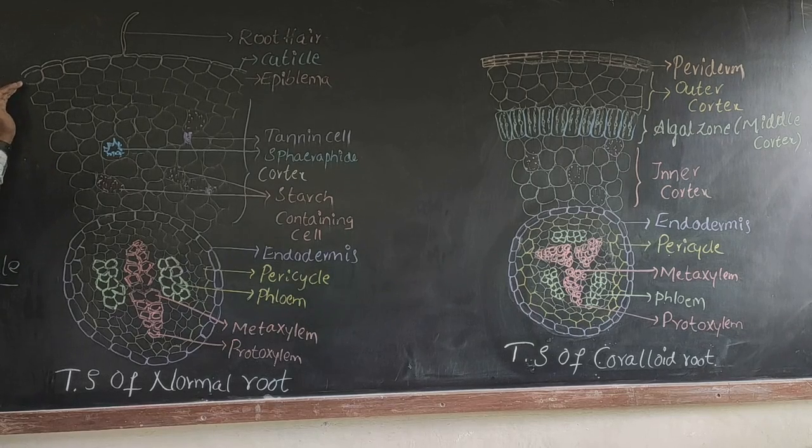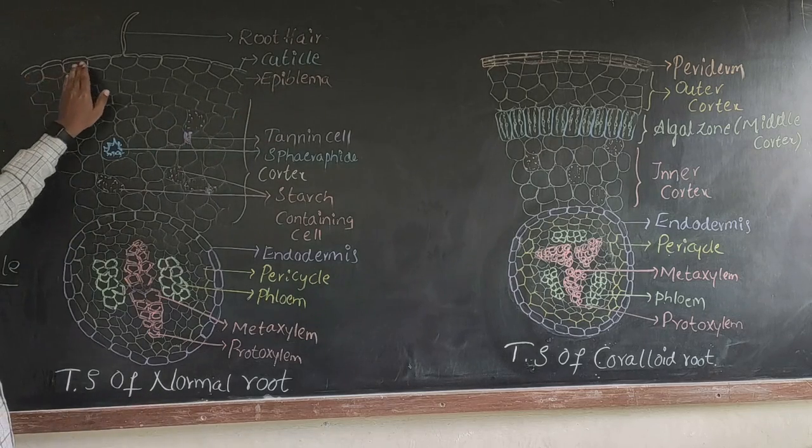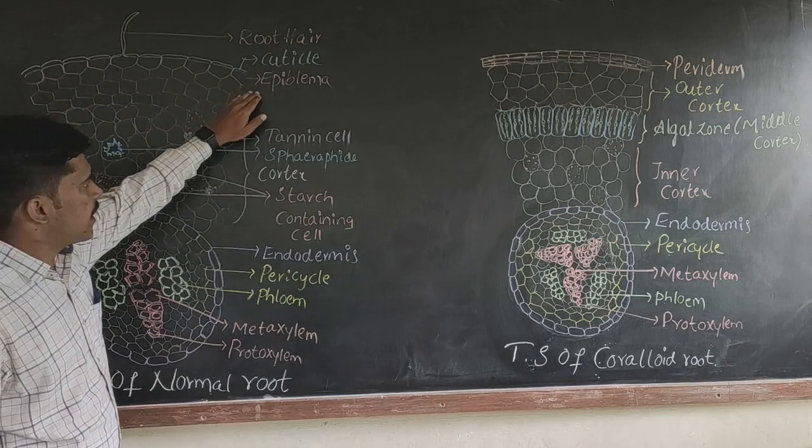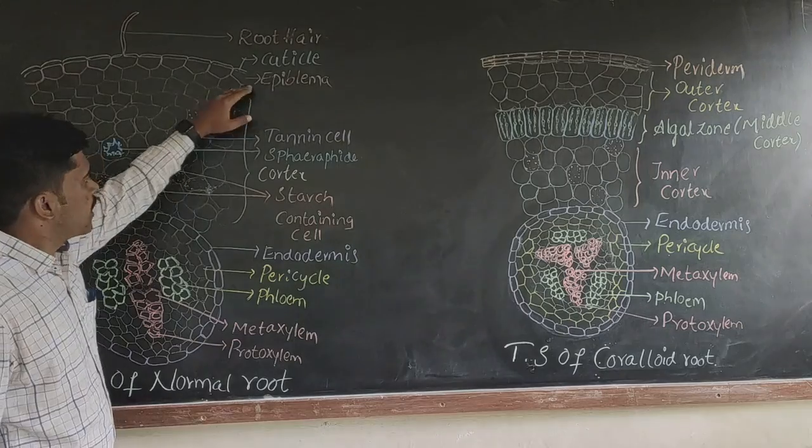The outermost layer of this root is the epiderma. The epiderma mainly consists of a single layer of compactly arranged cells.